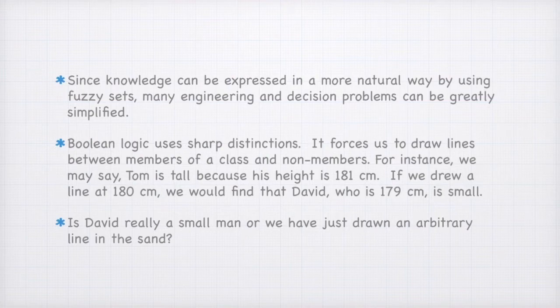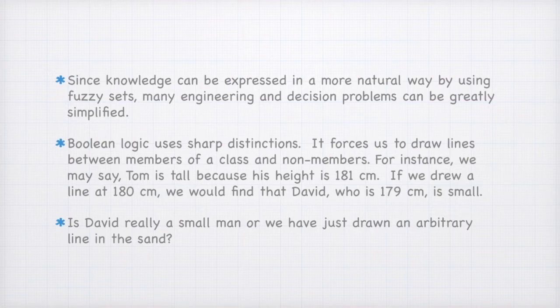Since knowledge can be expressed in a more natural way by using fuzzy sets, many engineering and decision problems can be greatly simplified. If you use Boolean logic, there are sharp distinctions. It forces us to draw lines between members of a class and non-members. For instance, we may say Tom is tall because his height is 181 centimeters.